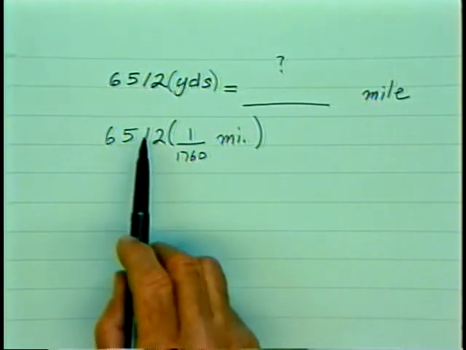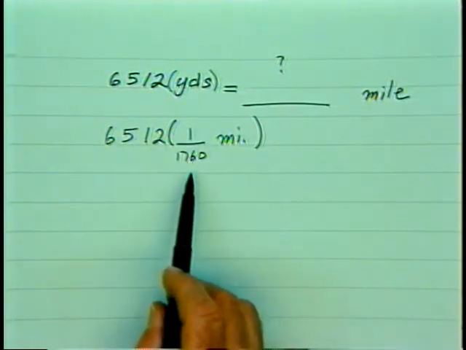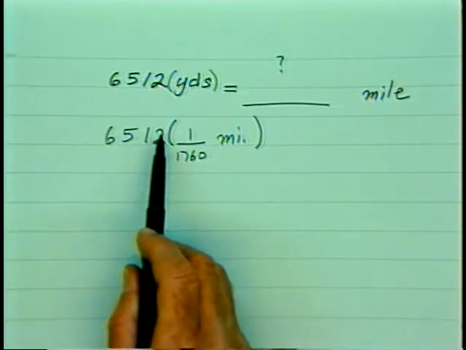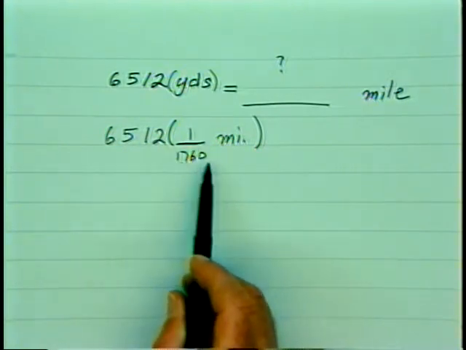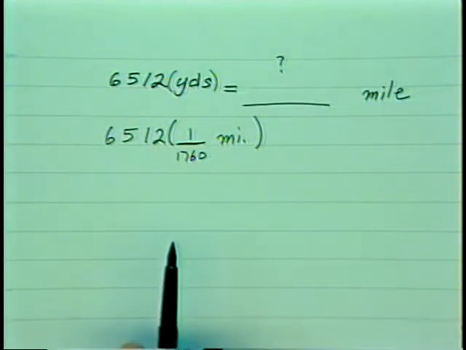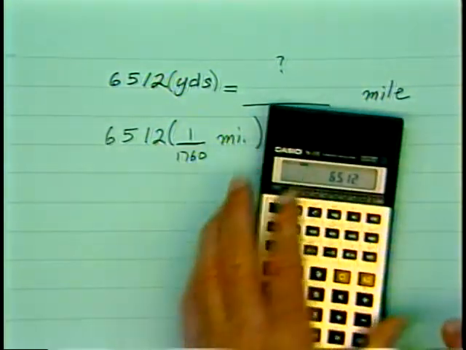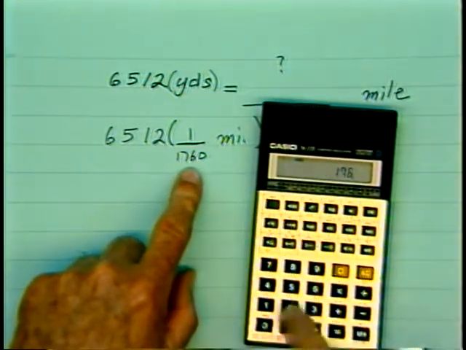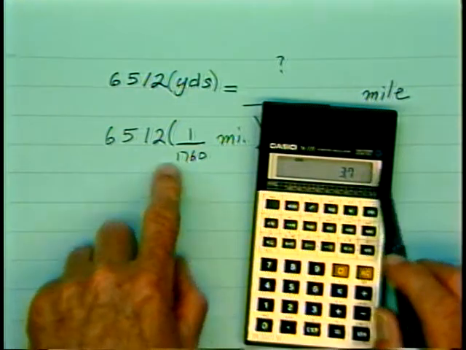But now we can see if I multiply this times this, in effect I'm going to divide 6,512 divided by 1760. And if I do that, 6512 divided by 1760, I get 3.7.